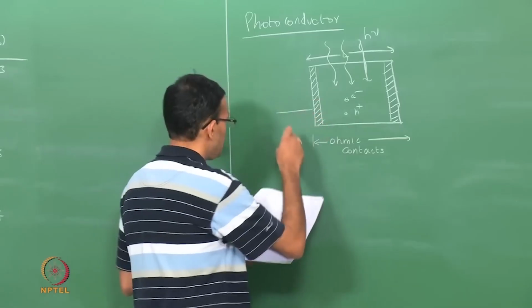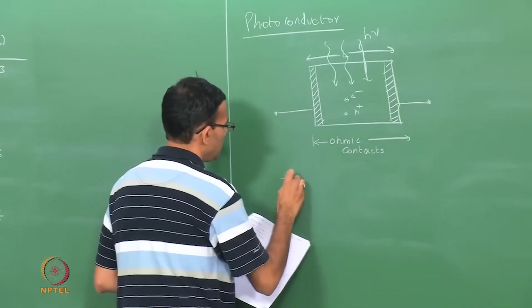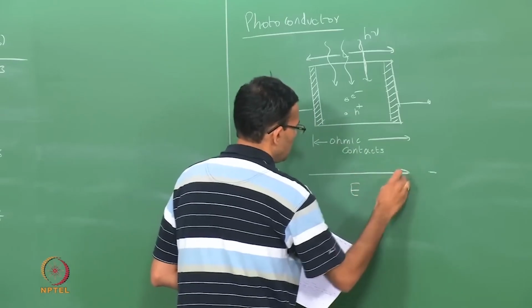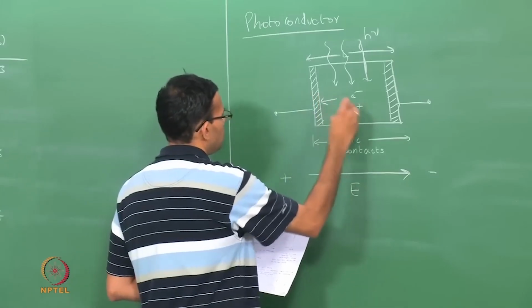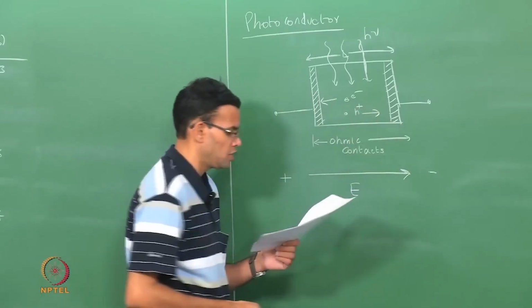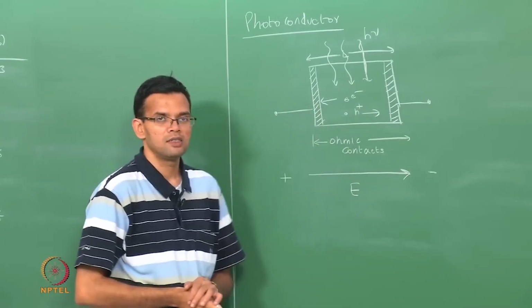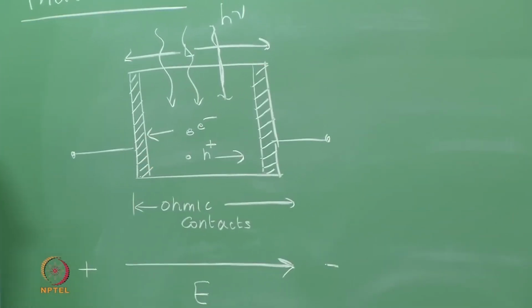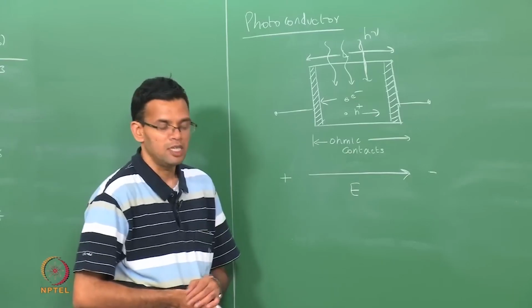One terminal is connected to the positive side, the other to the negative. In this case, there is an electric field, so the electrons and holes move in opposite directions. The current in this device is directly proportional to the number of electron hole pairs generated, which in turn depends upon the intensity of the light that falls on the material.